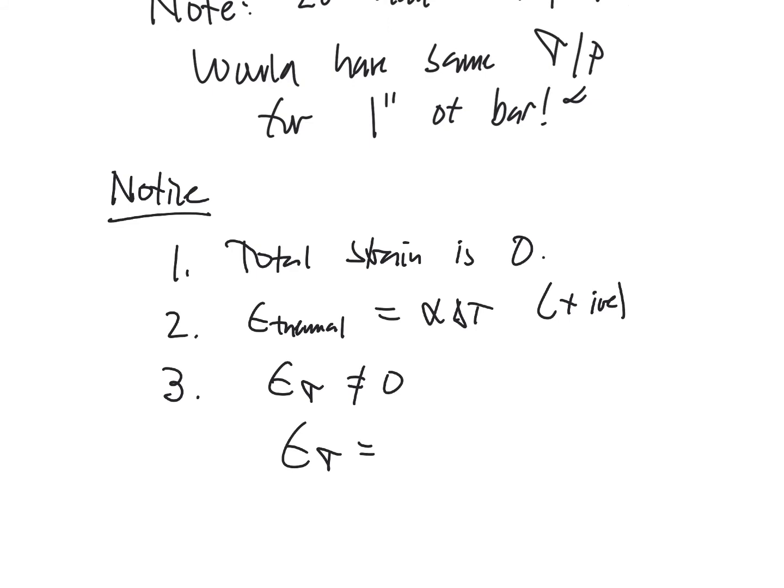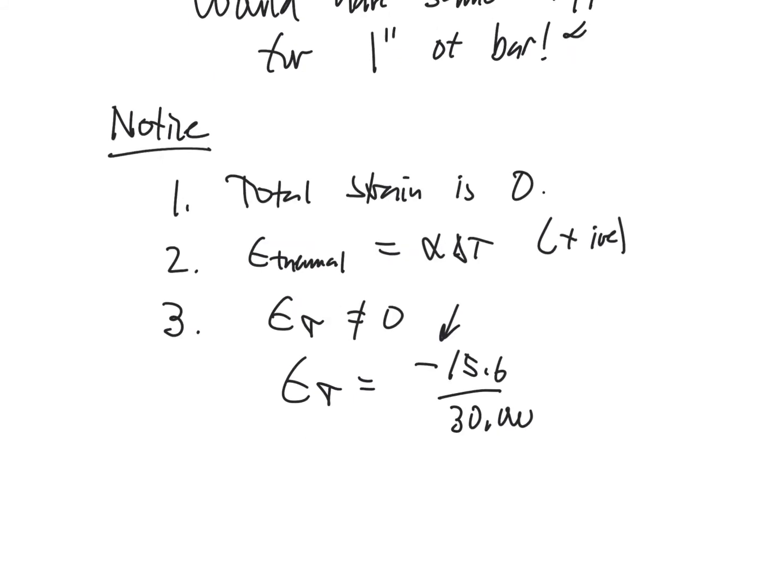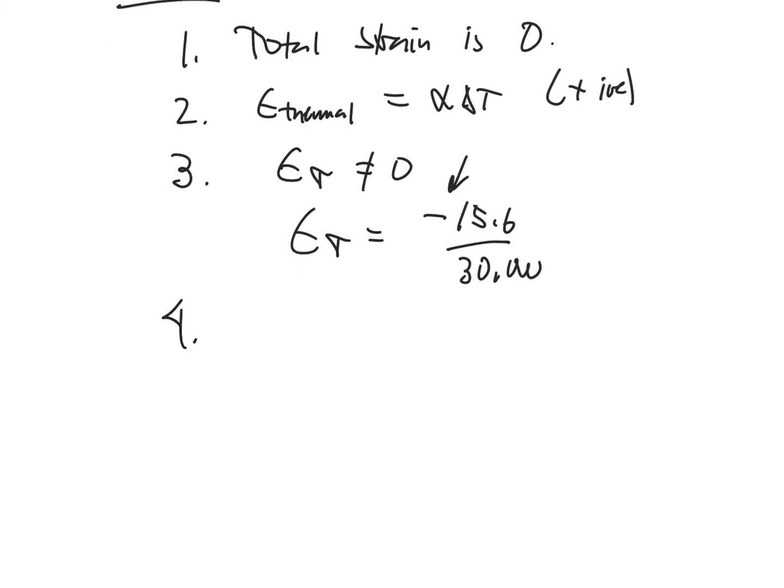So epsilon sigma has a negative sigma value, negative 15.6. So I'll write this as negative 15.6 KSI divided by 30,000. It turns out that the positive thermal strain and the negative mechanical strain are going to cancel in this particular case. And I'm just going to reiterate that the length is irrelevant.